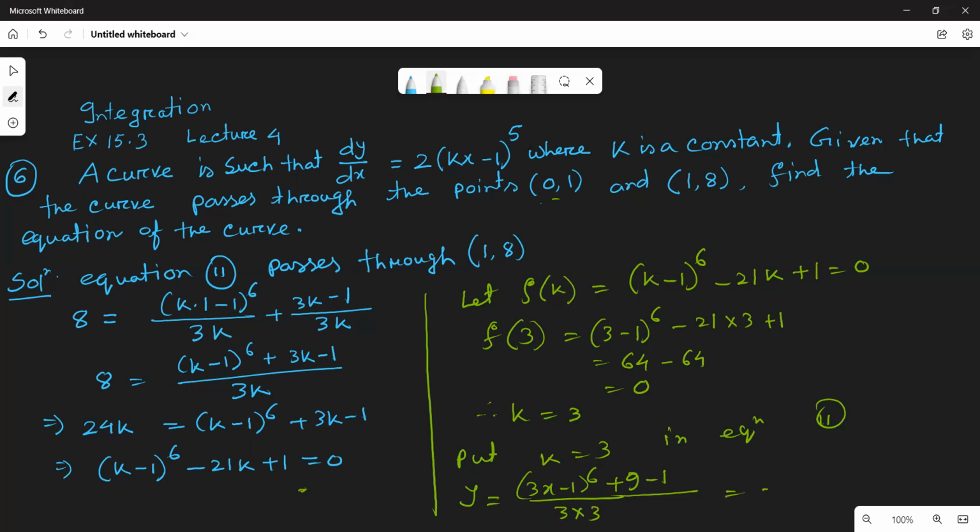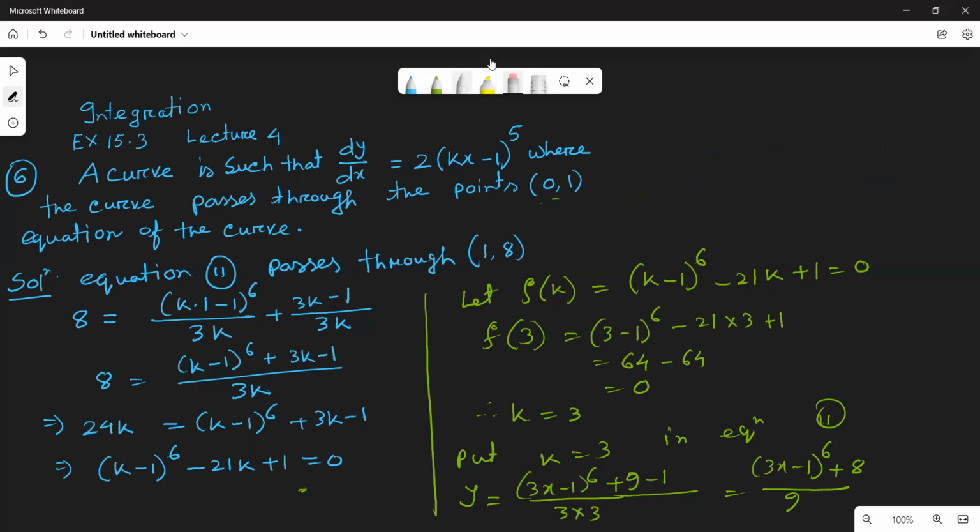So finally we get here 9. So (3x minus 1) to the power 6 plus 8. Okay, finally the answer will be, if we want to write the answer here, y equals to (3x minus 1) to the power 6 plus 8, divided by 9. This is the equation of the curve.